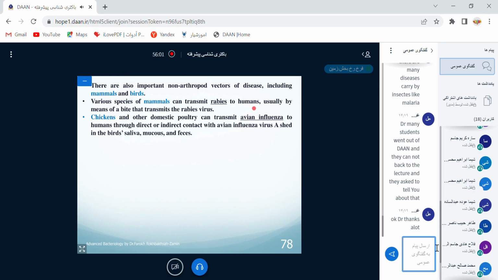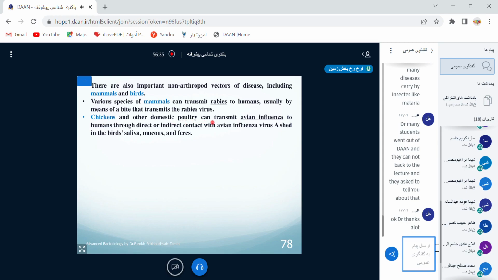It is a viral infection to humans, usually by means of a bite that transmits the rabies virus. So this virus is present in some dogs, and when a dog bites a person, the virus is transferred from dog to human, and sometimes from cats or similar animals.